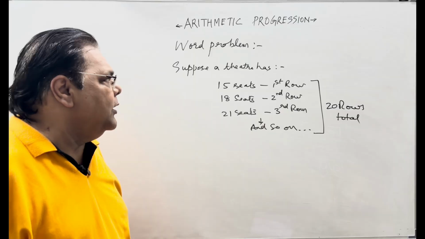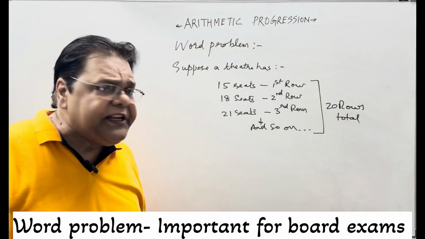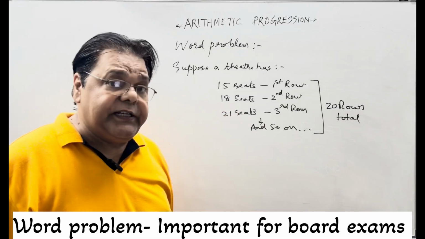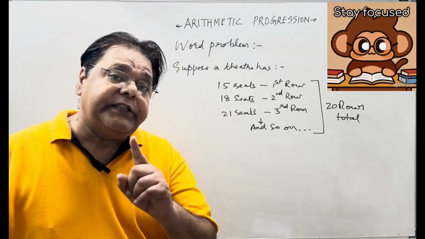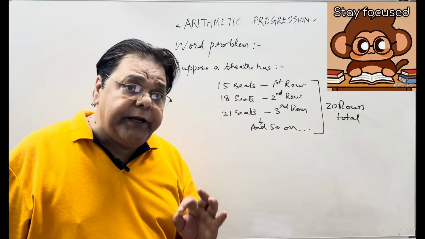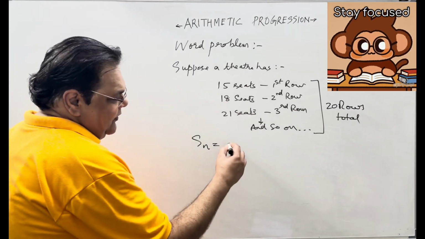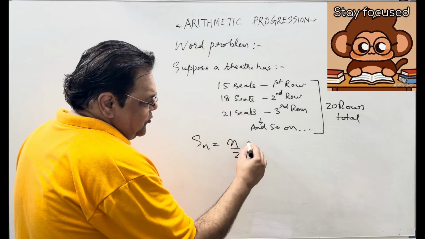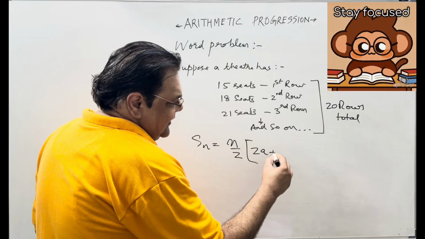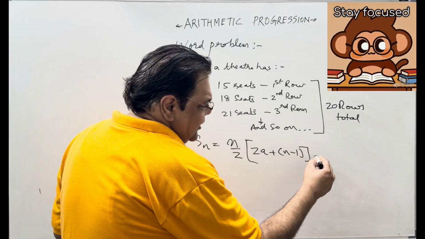This is a word problem. Suppose a theater has 15 seats in the first row, 18 seats in the second row, 21 seats in the third row. There are a total of 20 rows. You have to find the number of seats. The total sum will be n by 2 times (2a plus (n minus 1) times the common difference).